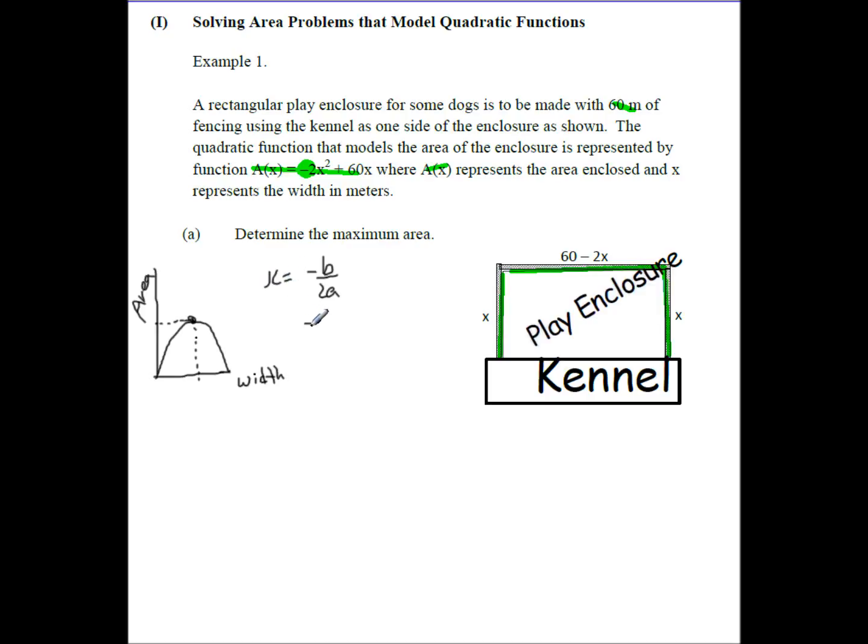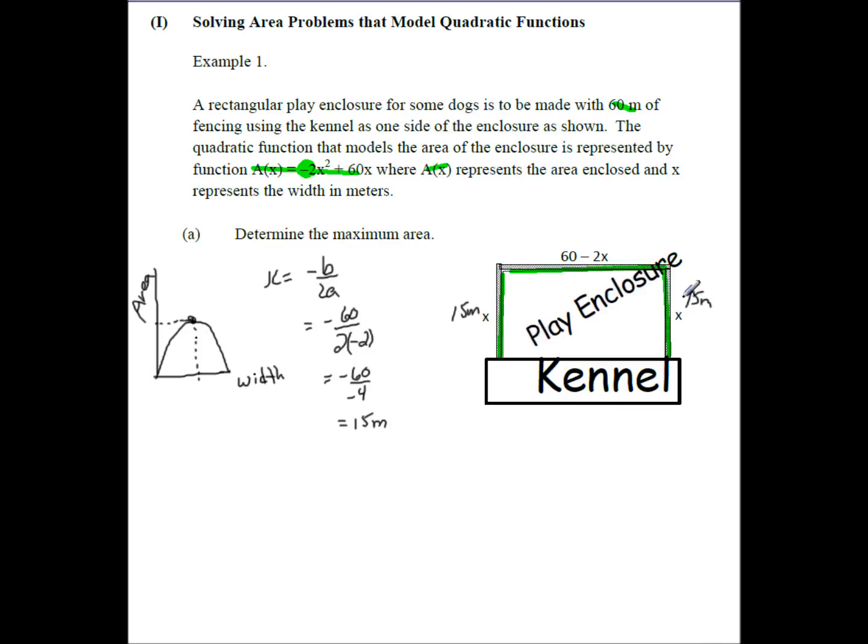So x equals negative b, which is 60, over 2 times a, which is negative 2, so negative 60 over negative 4, which is 15. So when the width is 15 meters, that's when you have the maximum area. Now we need to find the area. You have 15 meters on this side and 15 there.